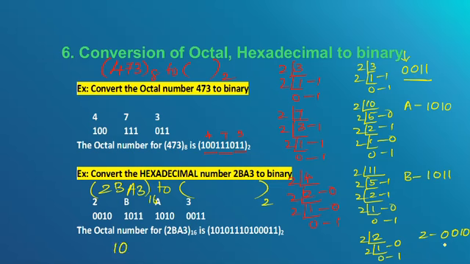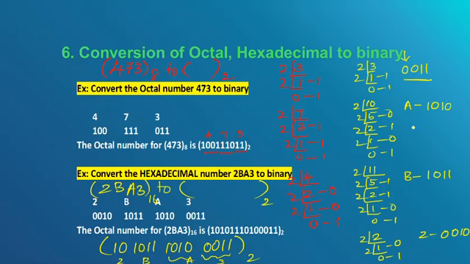Then B is 1 0 1 1, A is 1 0 1 0, and 3 is 0 0 1 1. So this is for 3, this is for A, this is B, and this is 2. So this is how a hexadecimal number is converted into a binary number.